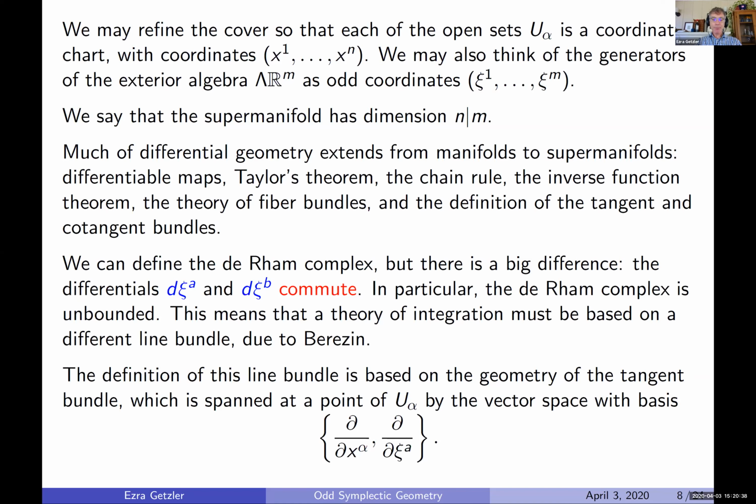Okay? So think of it as being over each of these coordinate charts, just a trivialized super bundle, and then there are transition functions as we go from chart to chart, which are obtained by taking first partial derivatives of the transition functions as we go from chart to chart, which are functions of the x's and the xi's. That's the key change in the structure of the theory.